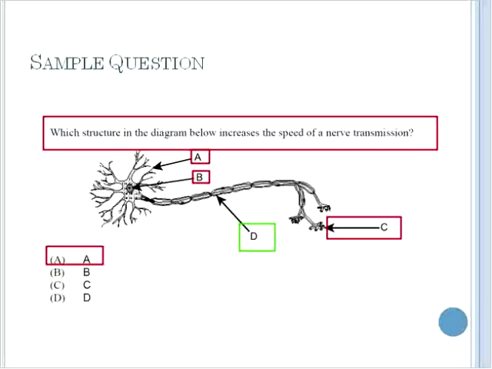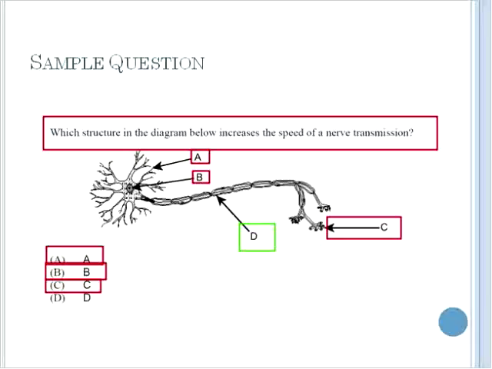The dendrites receive the impulse, but they do not have a direct bearing on speed. B, the second choice made available in this question, is the nucleus. It serves the same purpose in the neuron as would the nucleus in any cell. But again, it has no bearing on speed of transmission. C, on the other hand, is the synaptic knobs, the axon terminals, the end brush.